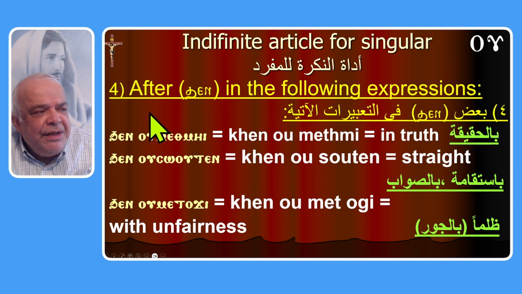Here, as you see, number 4: if it comes after chen, which is one of the prepositions and means in or with, and it connects that preposition chen to the noun we are trying to describe.